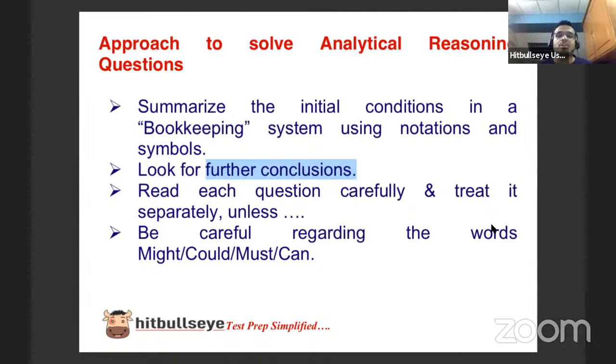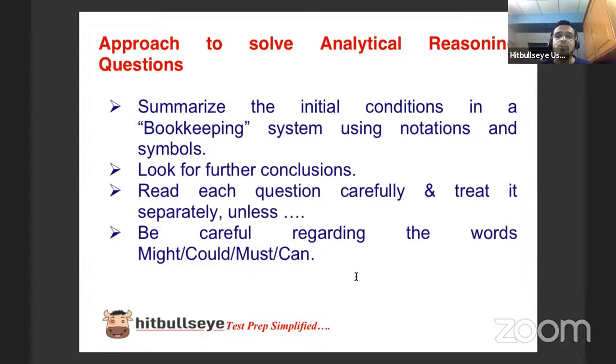Read each question carefully and treat it separately. Every question is separate unless it is mentioned. You have to be careful whenever the words like might, could, must, and can are mentioned. Wherever a must is mentioned, you have to be extra careful that that has to happen, right? So you have to just follow the same information and then go ahead.